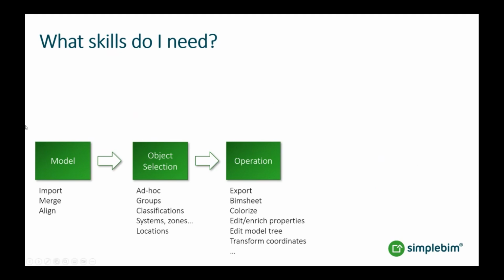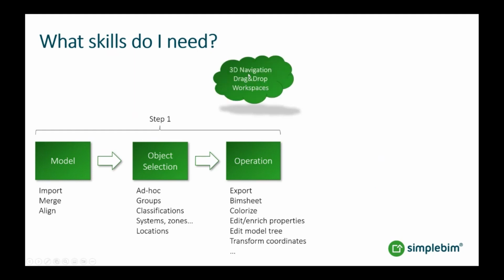So when you know all of this, then you have step 1, which is doing this manually in the user interface. And then you need to know a few things about the Simplebim user interface, like how to navigate in Simplebim. We've done it in a way that it should be very familiar, because why invent something really new in navigation?